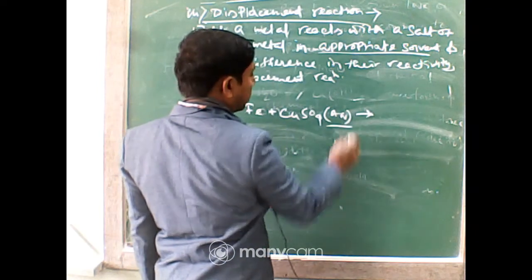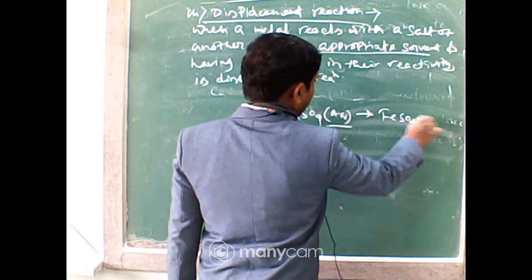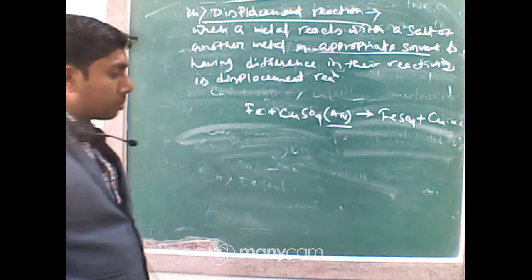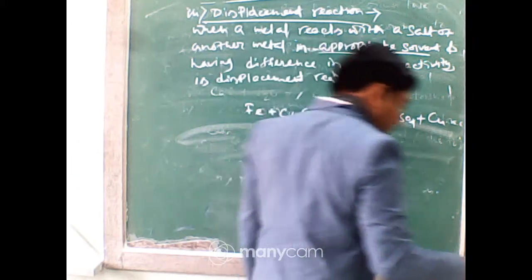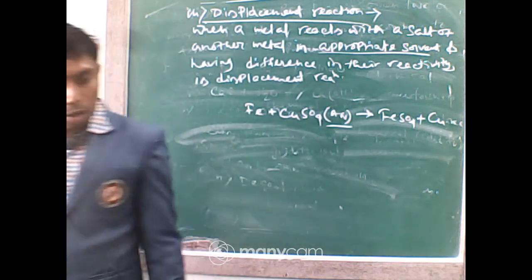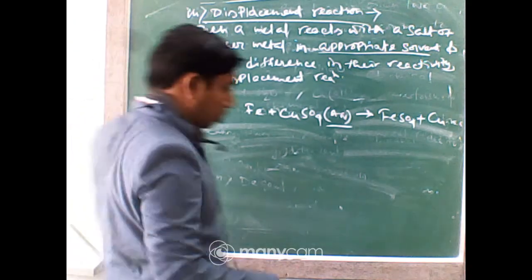This is aqueous, that is water medium. It will produce ferrous sulfate plus copper. This is a kind of displacement reaction, and another one is the double displacement reaction. Okay. So complete up to this. Next we will tell about the double displacement reaction.